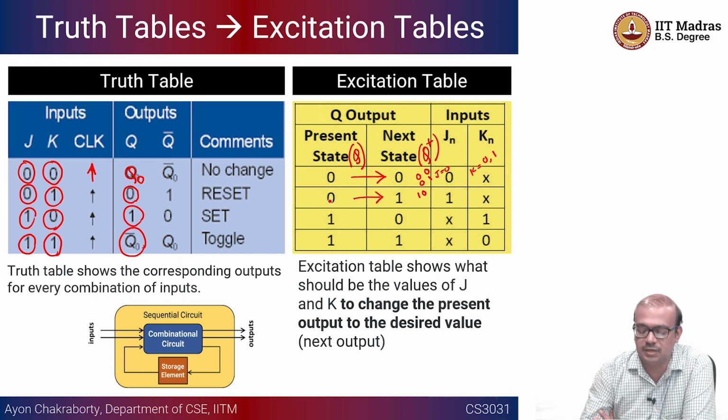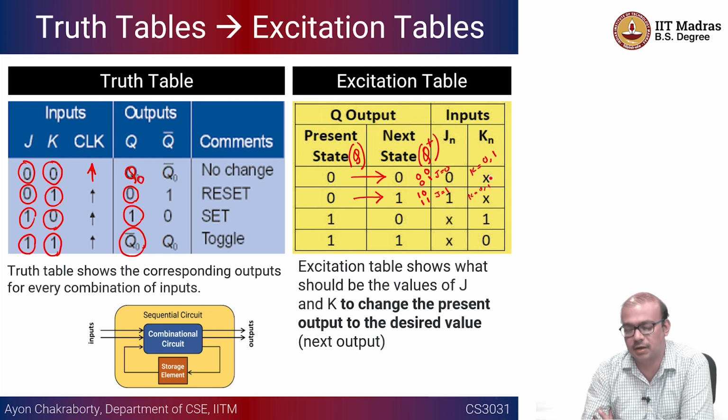I want to say it was 0, so it became 1. So this is toggled. So you can also say that J equal to 1 and K equal to 1. So here also, very similarly, the memory hold state was 0 to 0 as well as 0, 1. Mixing it up, we are getting 0X. Similarly, in case of 0 to 1, we are getting J equal to 1 and K equal to both 0 and 1, which basically means it is a don't care.